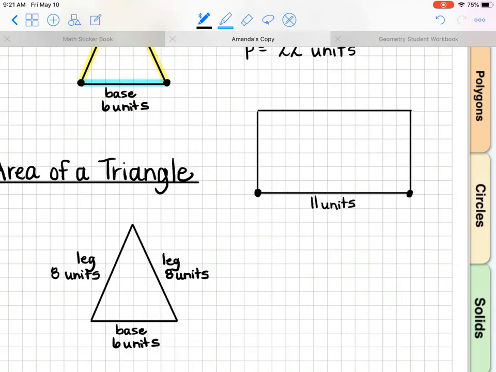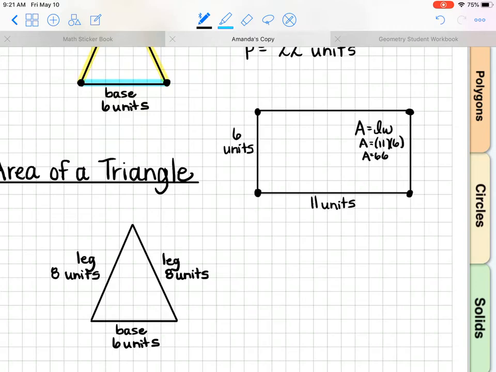And it is 6 units tall. Here's the height, which is also the width. So this particular rectangle is 11 by 6. And I know that I can find the area of a rectangle by multiplying length times width. So we would be saying 11 times 6 is 66 square units for this rectangle.